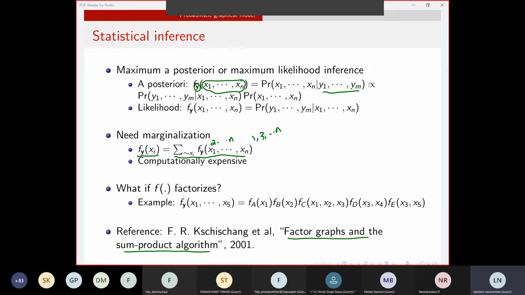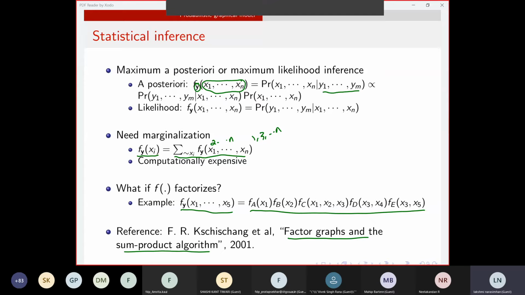And the most important property that we'll use is to see if the function that we are trying to marginalize factorizes into functions of this form. So in this case, we have taken an example. Let's say there are 5 variables, and this posterior probability or likelihood or some function, which is typically called the objective function.